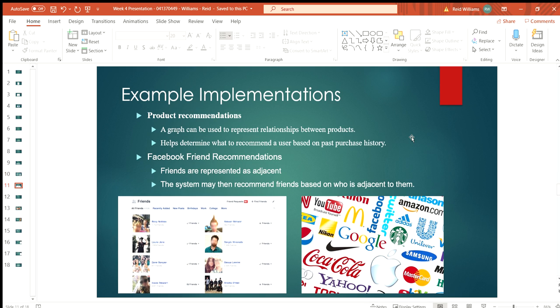It always helps me, whenever I'm studying these data structures and these broader, more difficult concepts, to think about how they're actually used. Like, what's the point of it all? A couple of easy ones are product recommendations or Facebook friend recommendations.